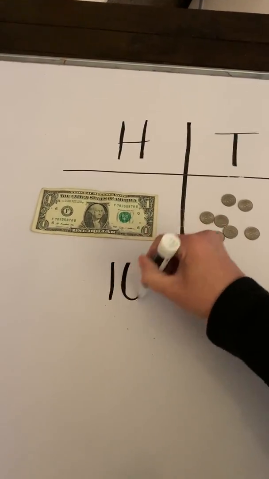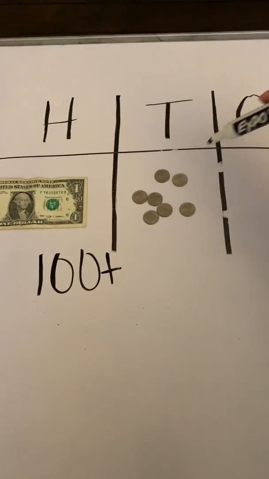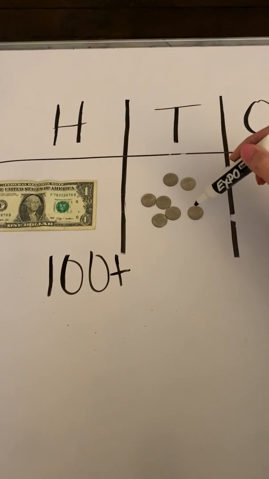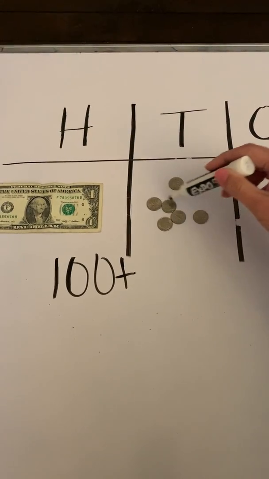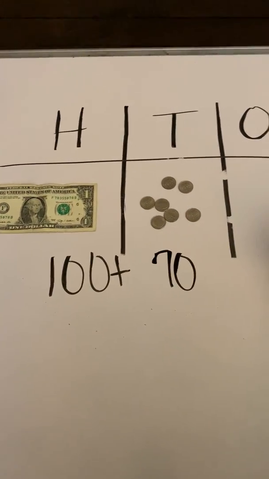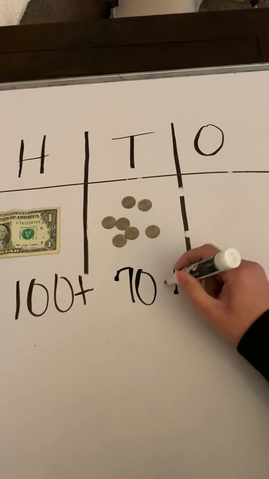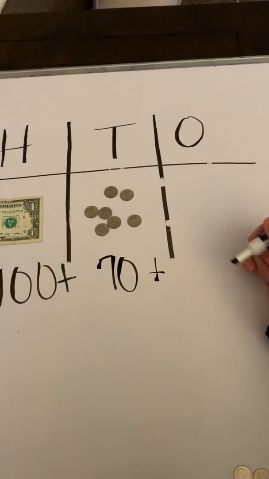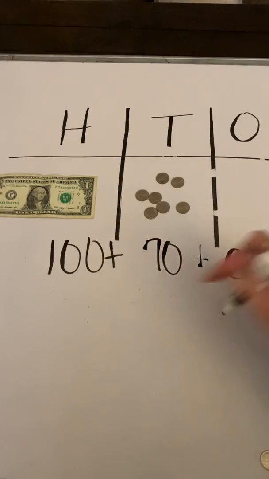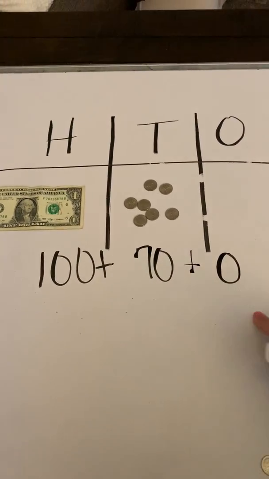100 plus 10, 20, 30, 40, 50, 60, 70, right, with the new dime, plus, now we don't have anything. So now our expanded form is 100 plus 70 plus 0.